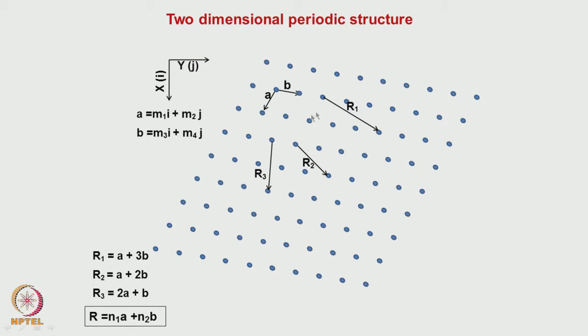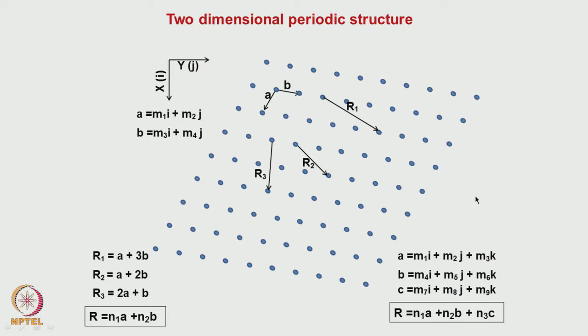All these various vectors represent the translational periodicity in those directions in the lattice. This is for a two-dimensional lattice which I had considered. For a three-dimensional lattice, we will write an expression like this.